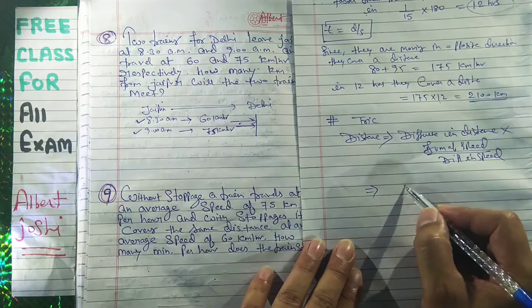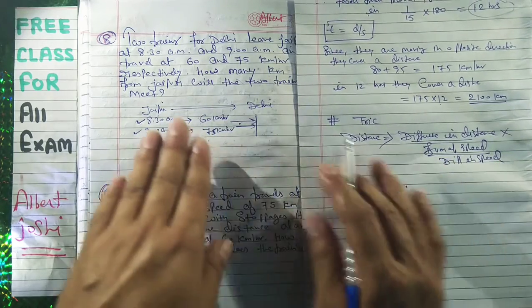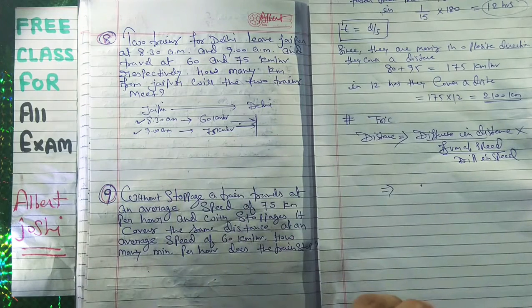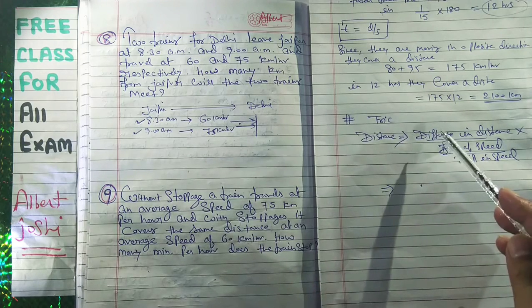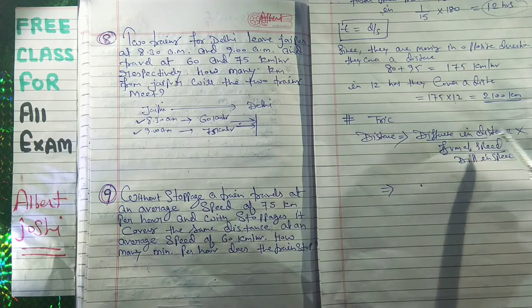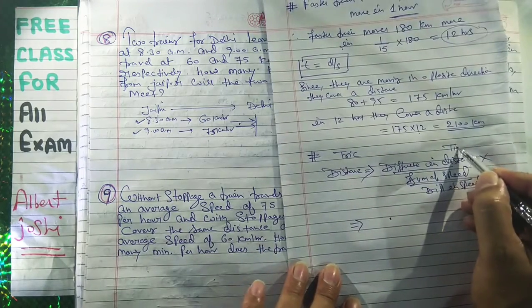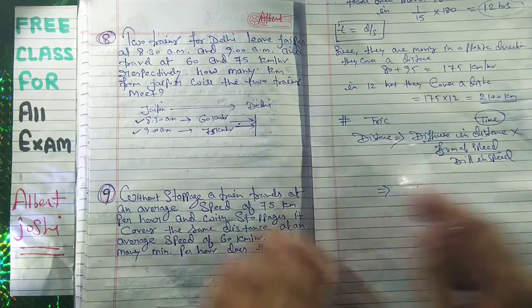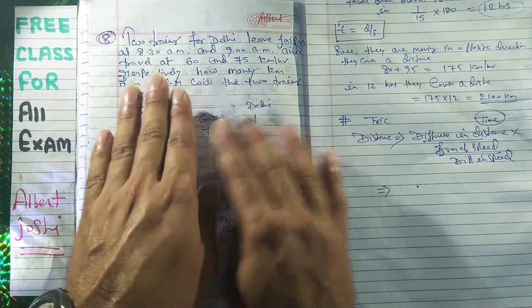So difference in speed, so 75, difference in distance. So how to calculate this difference in distance? Here you can write difference in time in place of difference in distance. In this question we do not have the distance, but we have the difference in time.